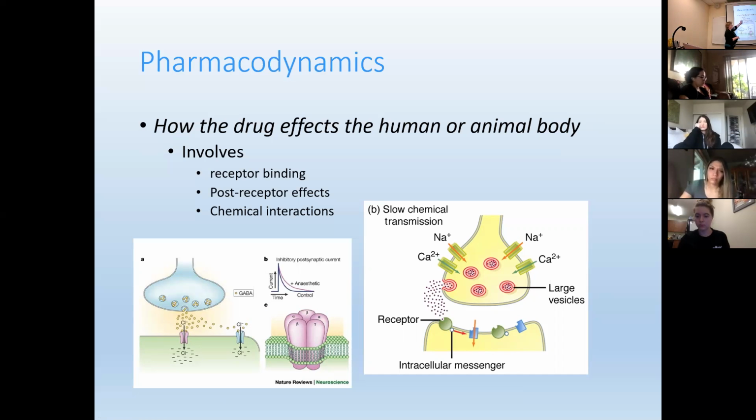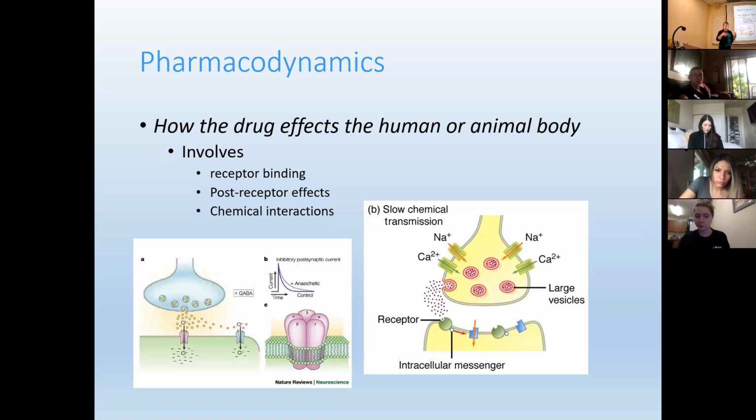But post is the message that goes to the next neuron so that it can move forward with what it's supposed to do. And so that has to do with an excitatory, an EPSP message, or like a dopamine will say, hold on, because it's an inhibitory message. And so postsynaptic effects can cause things to happen or keep things from happening.